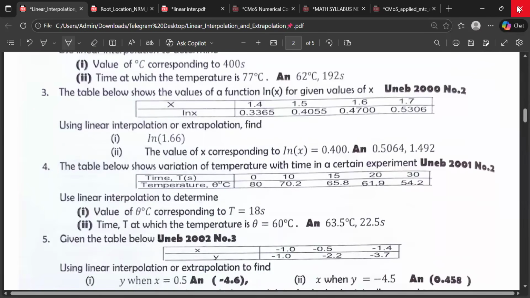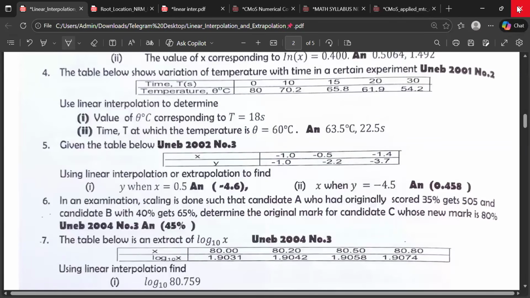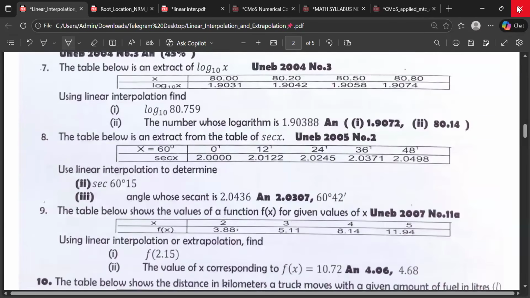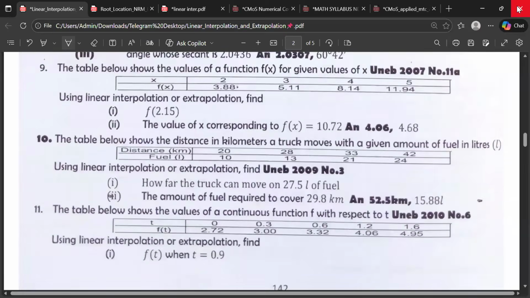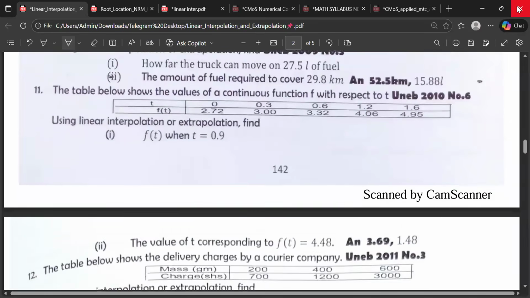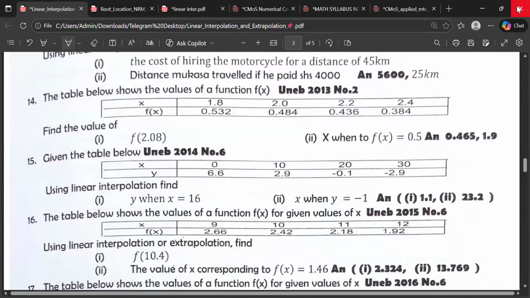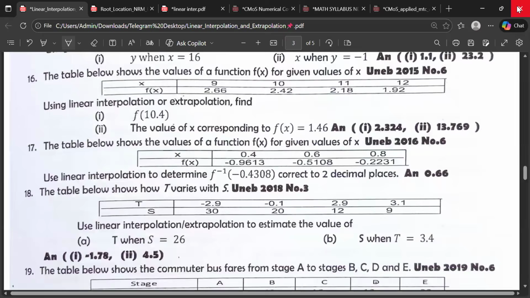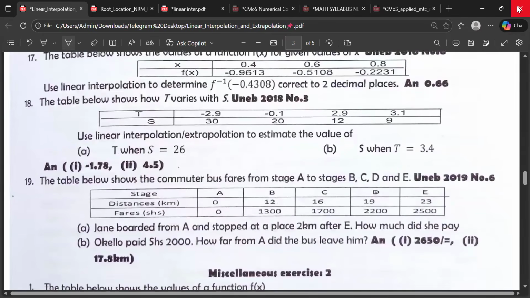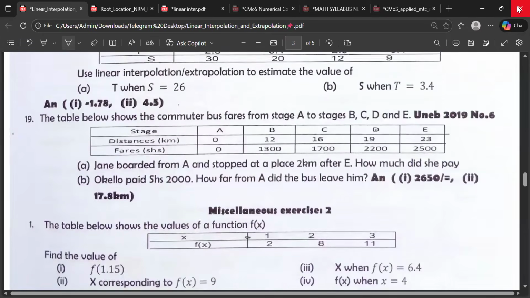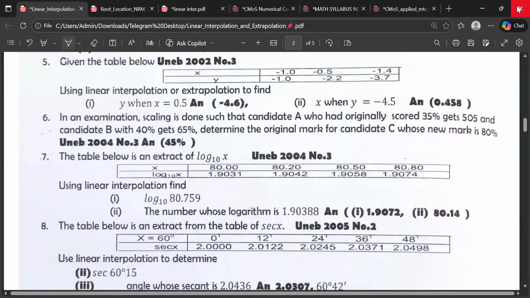You can solve in x and y, people can do negatives, log. Many people can manage, but I'm going to talk about a few. Inverse, distance, and the other one is the miscellaneous exercise.